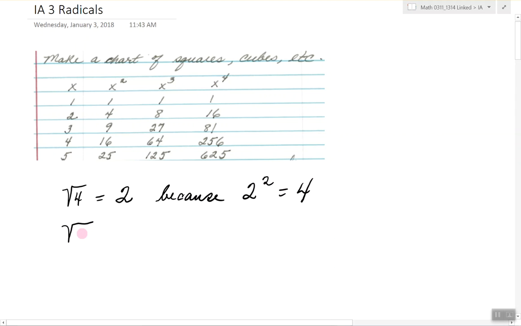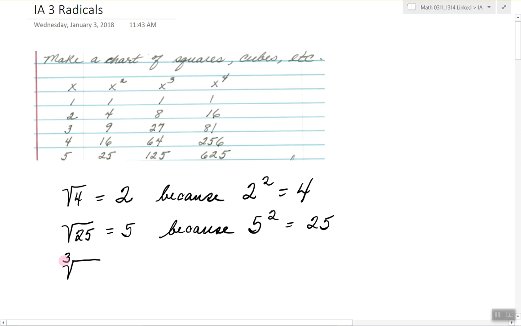The square root of 25 is 5 because 5 squared is 25. Let me go ahead and mention that there are other roots. We won't concentrate on them a lot, but we will see them.